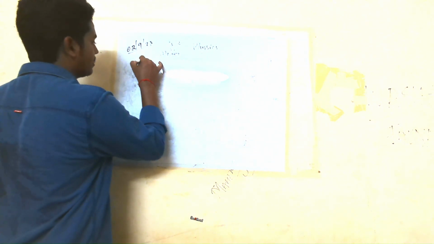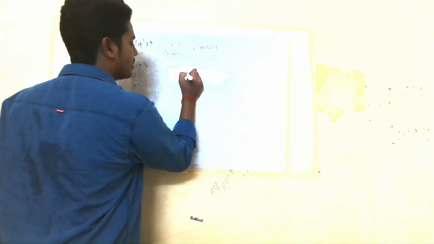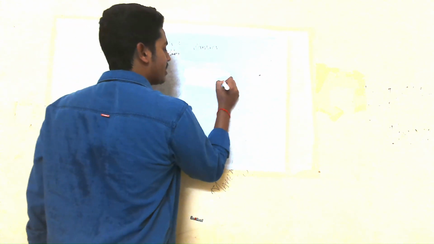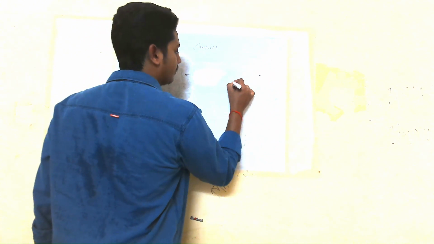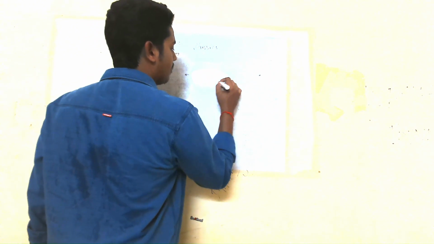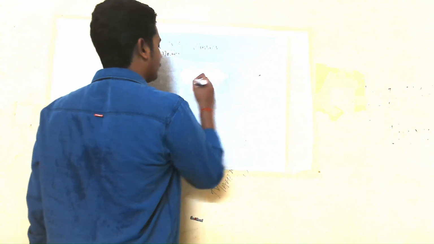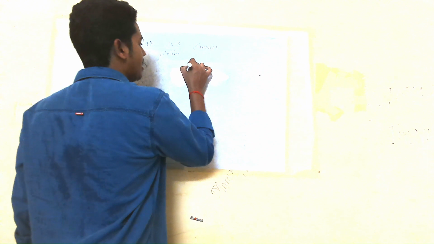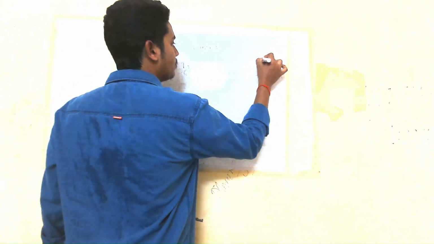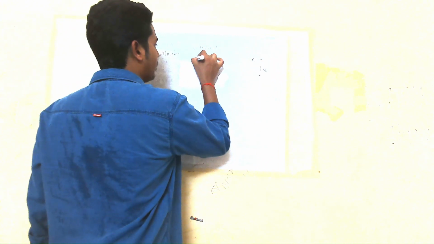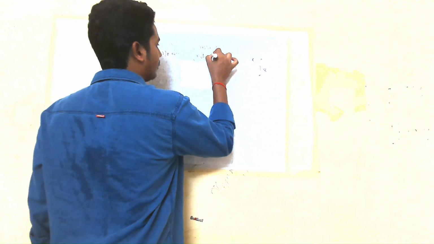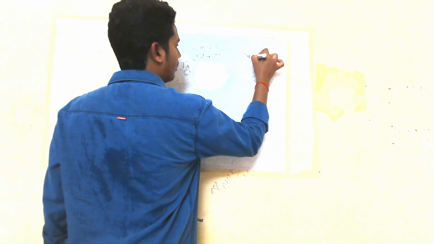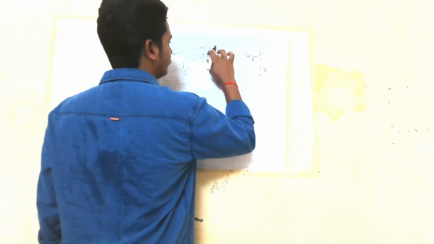So our fourth question is: there are 2 stations separated by a distance of 50 kilometers, and there are 2 trains, train A and train B, traveling towards each other with a speed of 25 km per hour in the opposite directions.